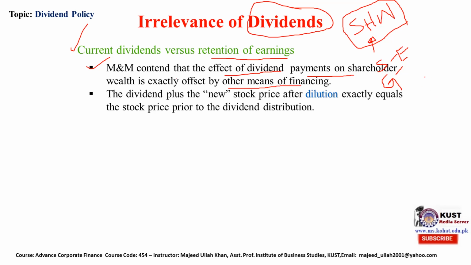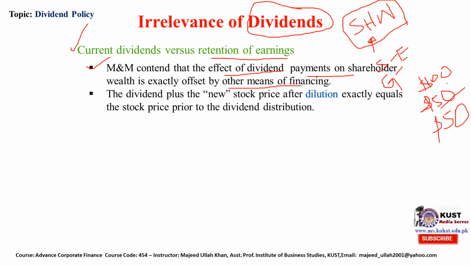For example, there is $100 income and we pay 50 rupees in dividend to the shareholders. Then the company again needs financing, so that $50 would be borrowed from another party.